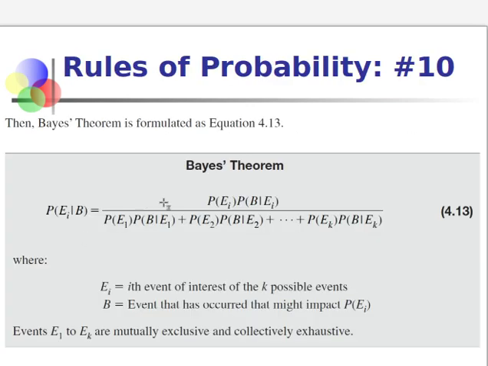Now, we are coming towards the end. Rules of probability number 10.